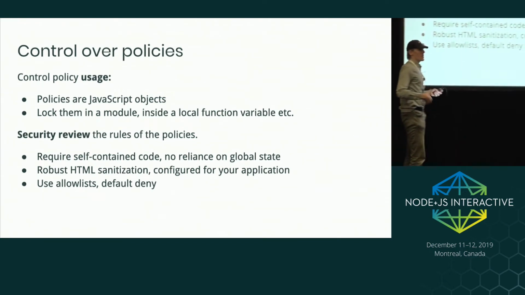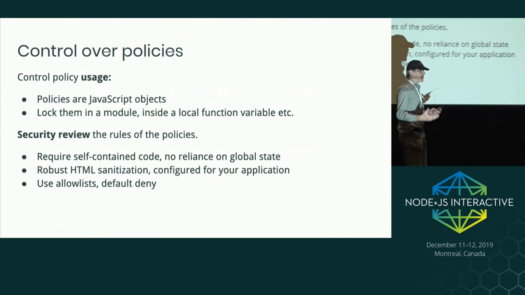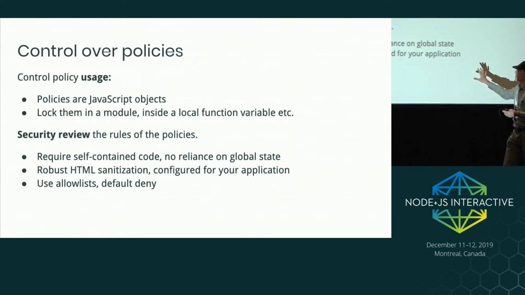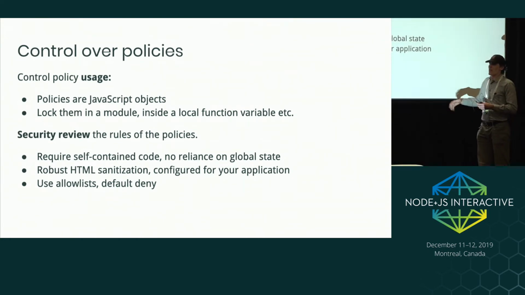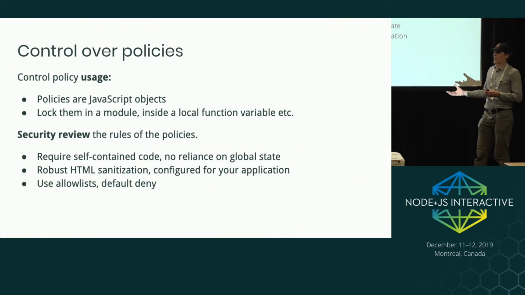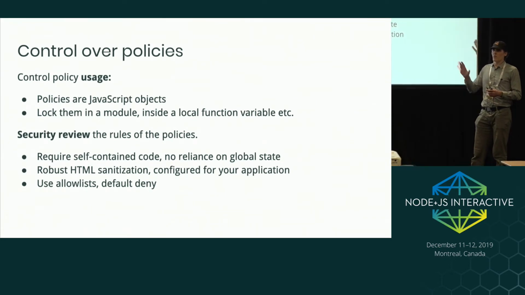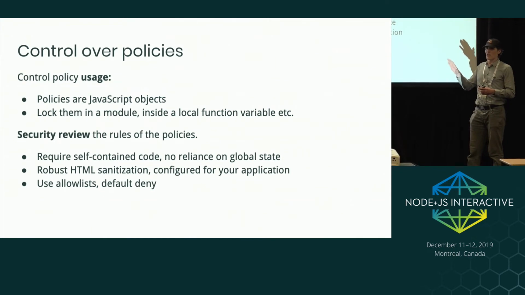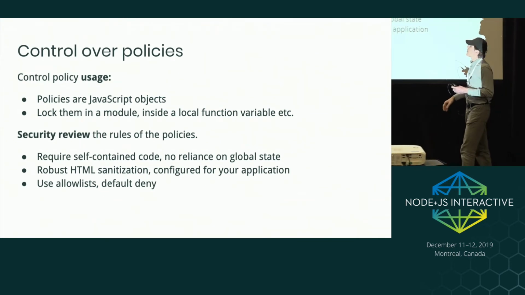So if you define them inside an immediately executed function, then they're only visible to other code in that function. That means that you can define a policy that would be unsafe if globally available, but is safe based on the callers that can appear in the scope in which it's defined.